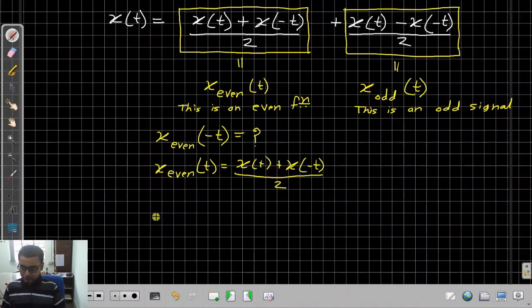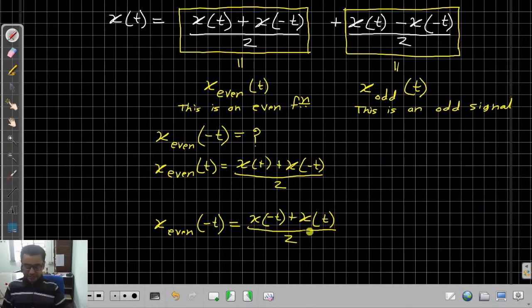Okay, so therefore x even minus t will be equal to, in this expression now I have to replace all this t by minus t, so this t will become minus t and plus this minus t will become plus t, whole divided by 2.